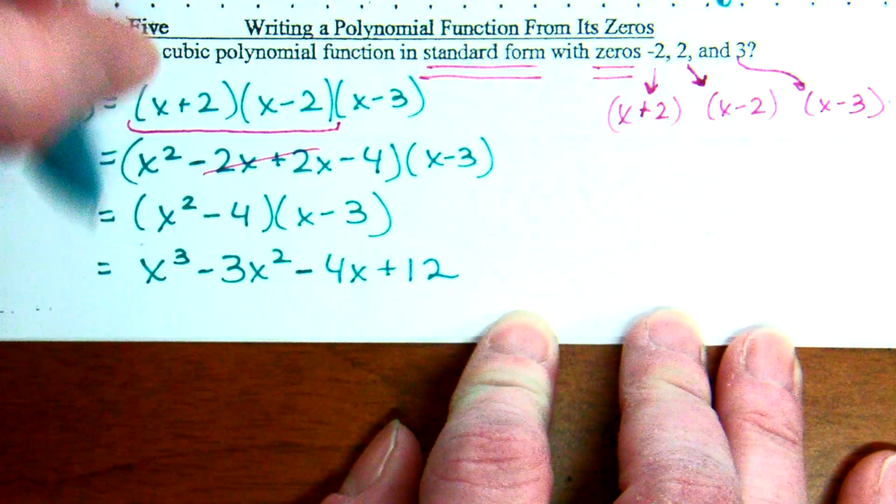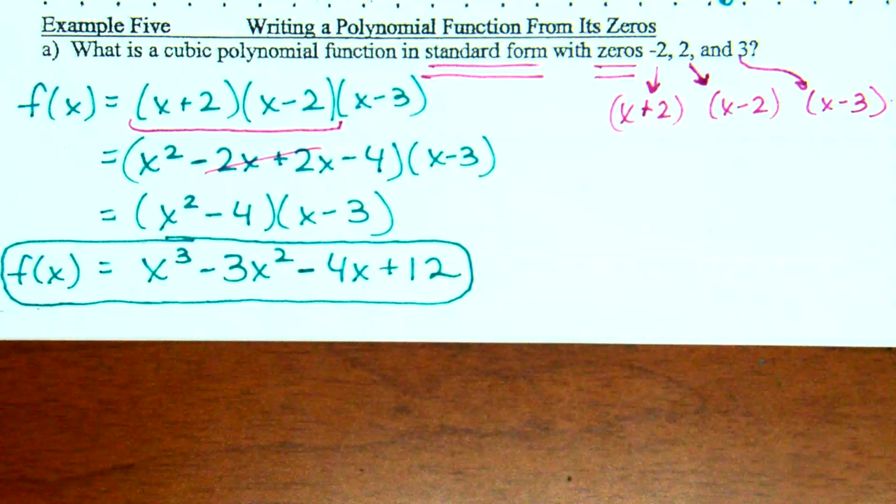Any cleanup that can happen there? Put it in order. What do you notice about the way mine worked out? It's already in order. Put together like terms if there are any. I didn't have any like terms, so I got to the end. Put it in order from highest power to lowest power. Okay?